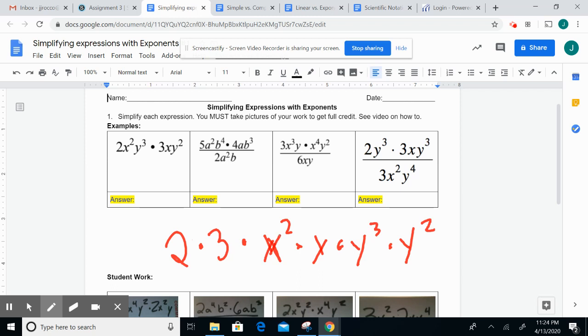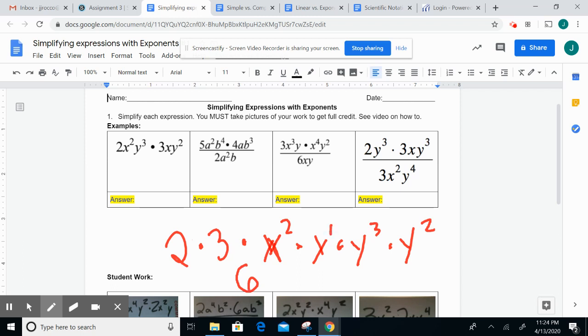Okay, so 2 times 3. Now numbers multiply the same as numbers do. So 2 times 3 is 6. All right. x squared times x. This is from the first video of the week. You can just ask, how many x's are being multiplied? Well, there's 2.